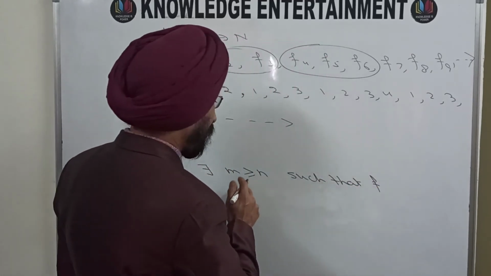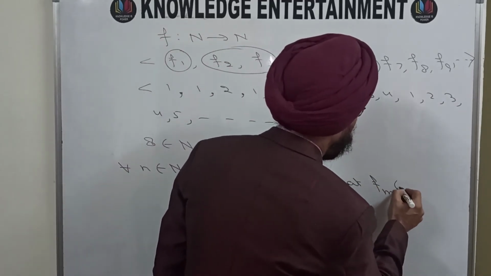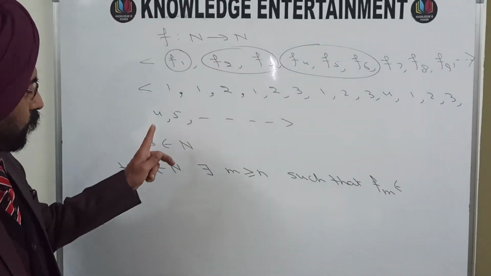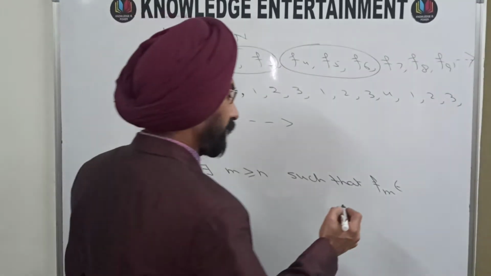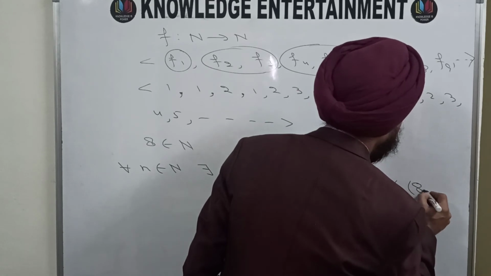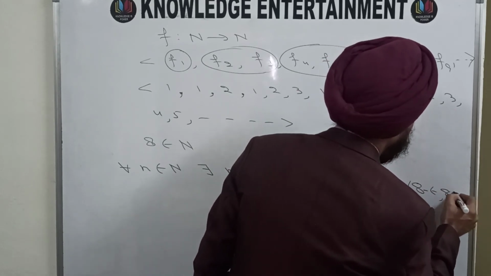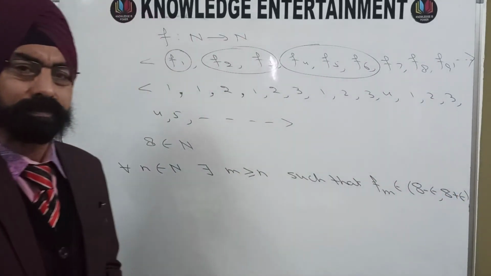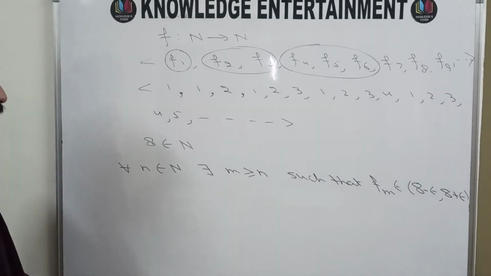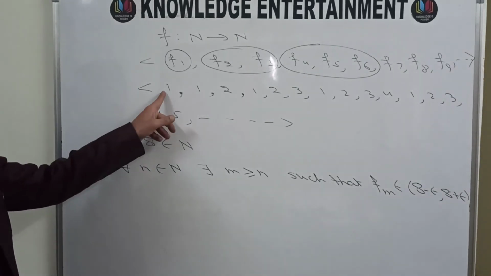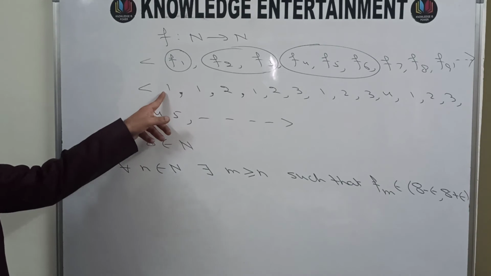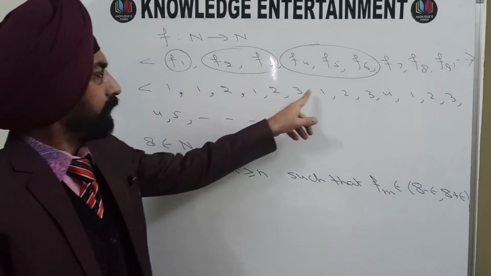f of m belongs to the neighborhood of this point. The neighborhood of this point is 8 minus epsilon, 8 plus epsilon in general. And look now, this one is in the starting. After that, there are so many 1s.